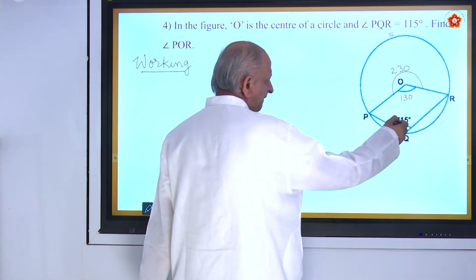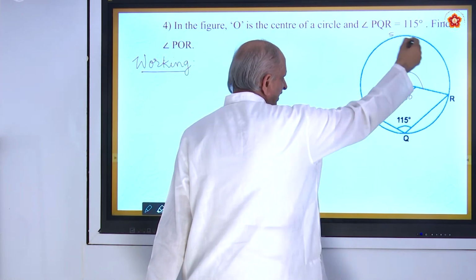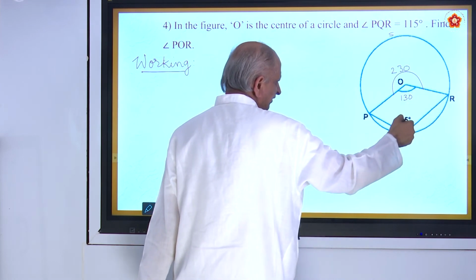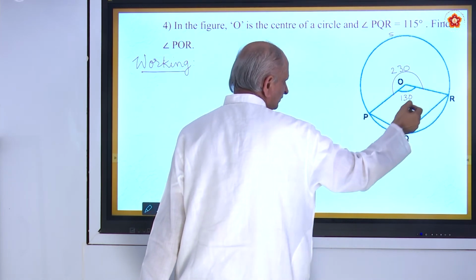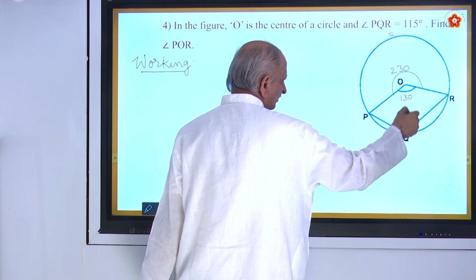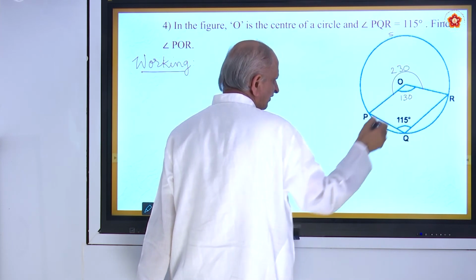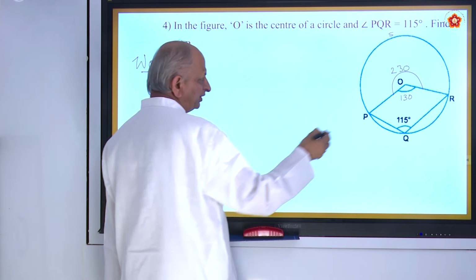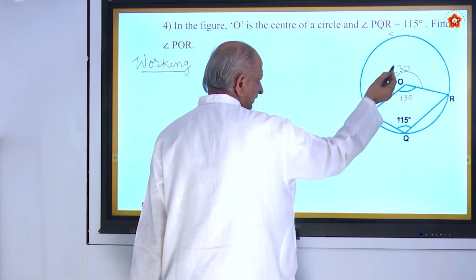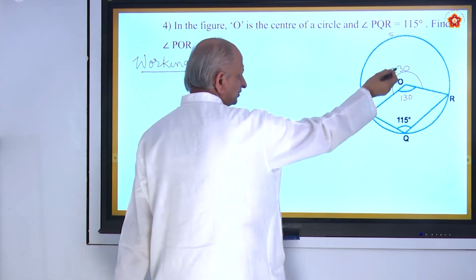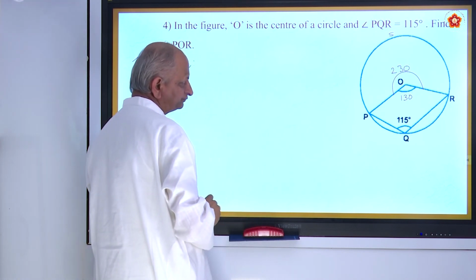This angle is formed by the major arc in the circumference, is it not? PQR. And there is a relation between this angle at the center and angle at the circumference. So if this is 115, this becomes double of this, 230.